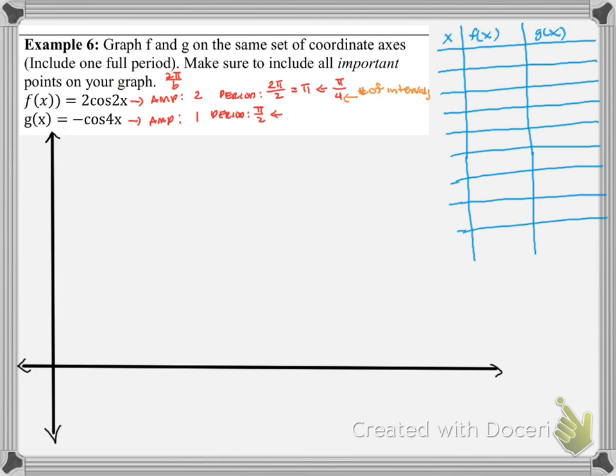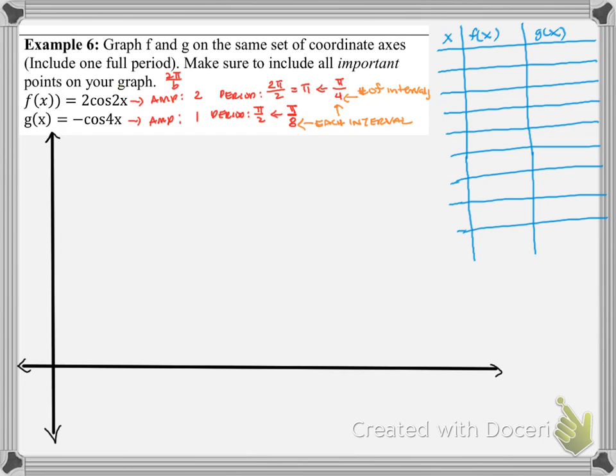So for G, it would be pi over 8, right? Because pi over 2 divided by 4 is pi over 8. And so again, this represents the spacing on each interval, which this does as well.